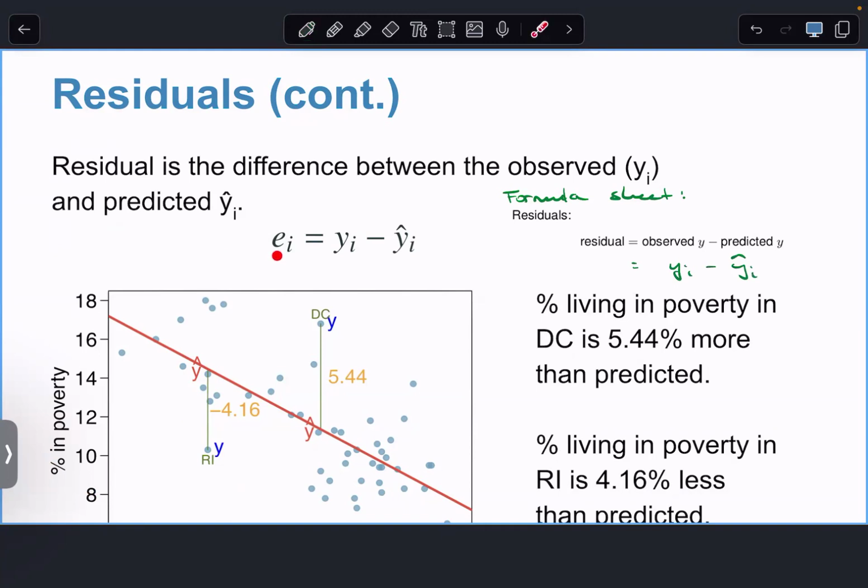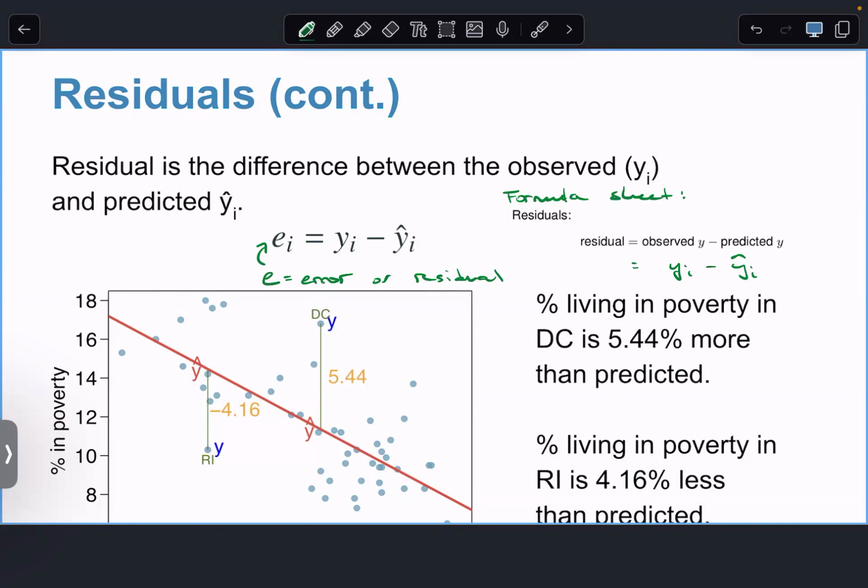Somewhat confusingly, but we'll see why in a second. The residuals are denoted by e, lowercase e for error, or residual. So each point has an error or a residual, and that's why we have the subscripts.